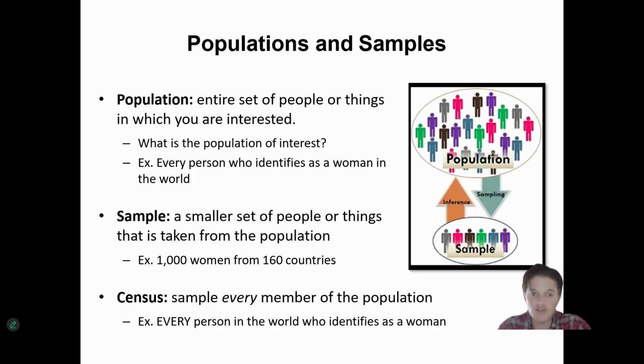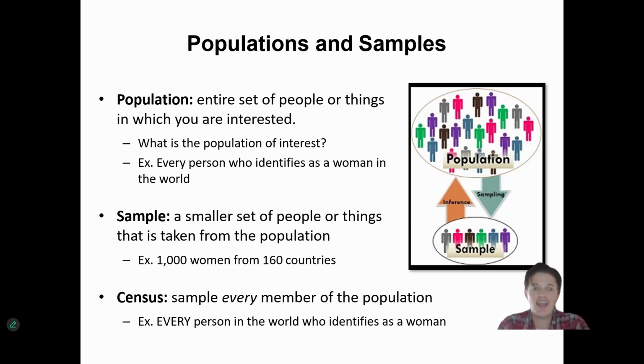A sample is a smaller set of the people or things taken from the population. So, if I'm interested in all Moorpark College students, what I could do is take maybe 1,000 students who go to Moorpark or 500 students who go to Moorpark, as long as I pick that sample properly, which we'll talk more about in a moment.